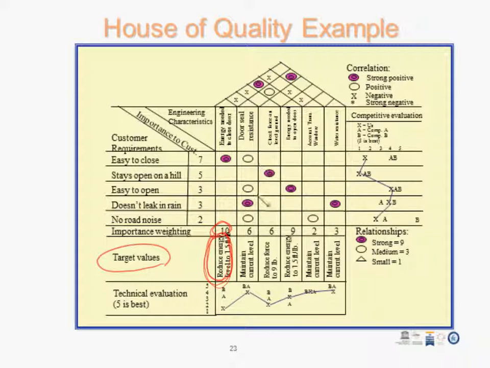The second and third are not important, but another one is next important and so on. Using this house of quality, we can translate marketing language into operational engineering language. It is a very useful technique used in product and service design.